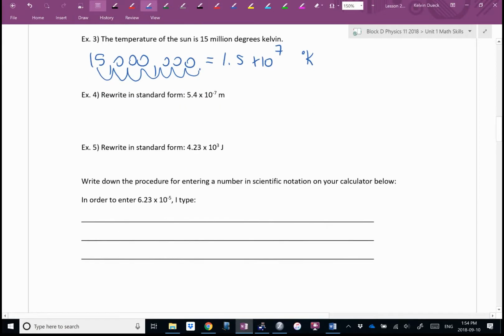Rewrite in standard form, 5.4 times 10 to the negative 7 meters. How would I unscientific notation this? I think even before that, you haven't had me before.